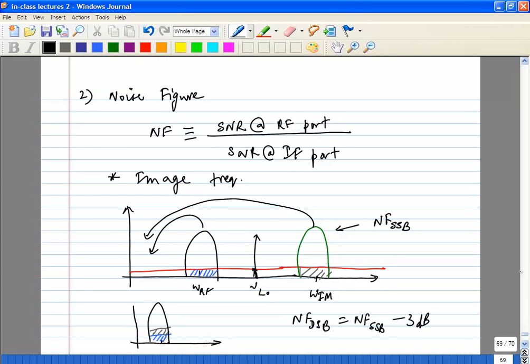So if you have an input noise and an input signal spectrum, at the output you will have almost the same signal and noise spectrum. Whereas in the case of mixers, VCOs, any kind of switching circuit which is nonlinear, you will see issues with noise folding. You will see noise coming from higher frequencies and lower frequencies into your desired frequency band.